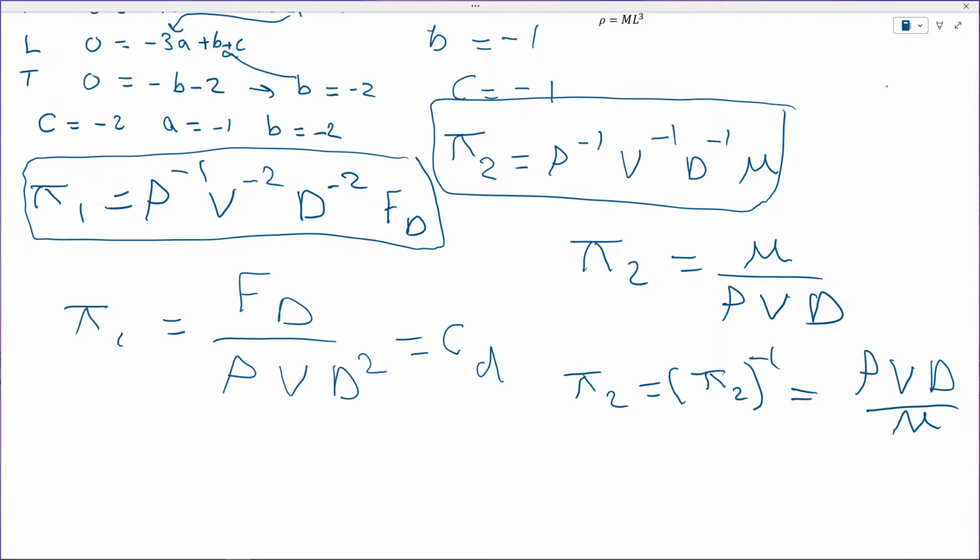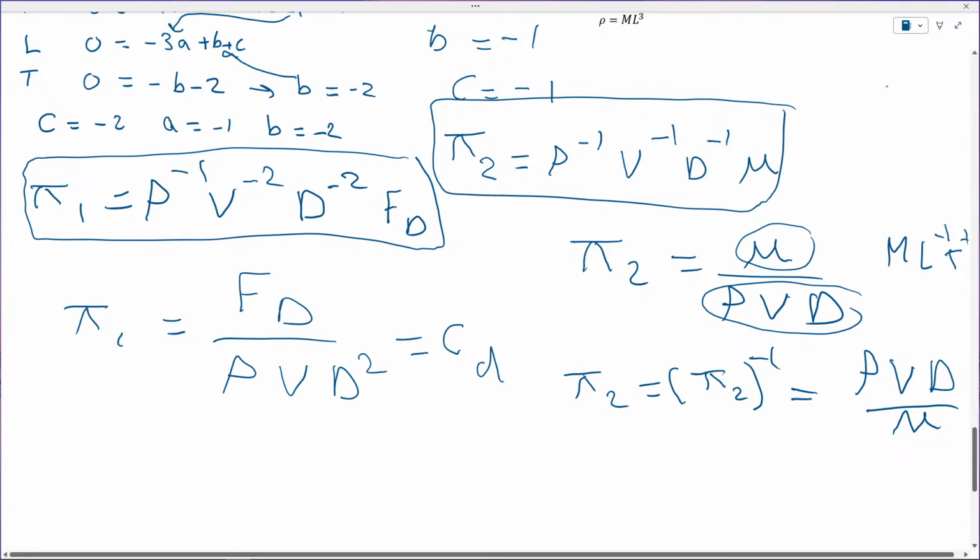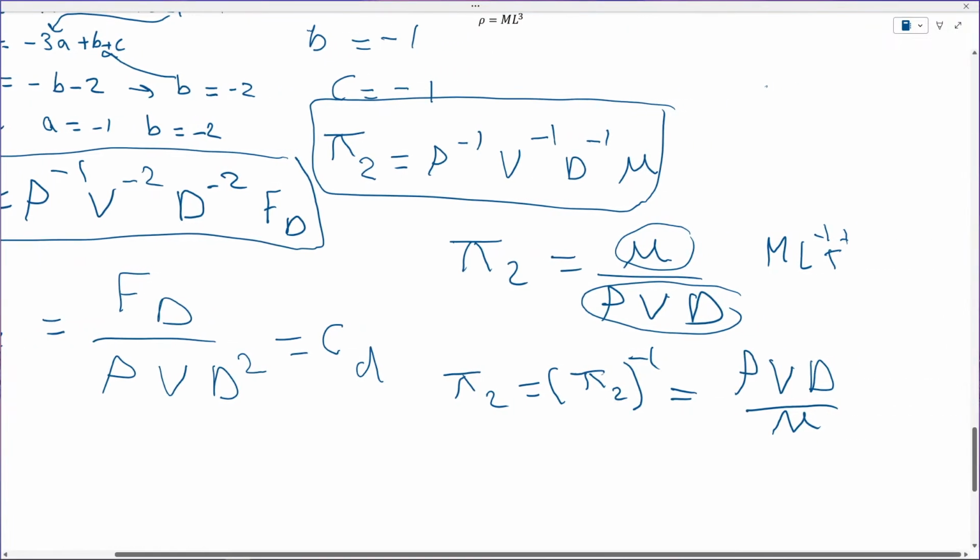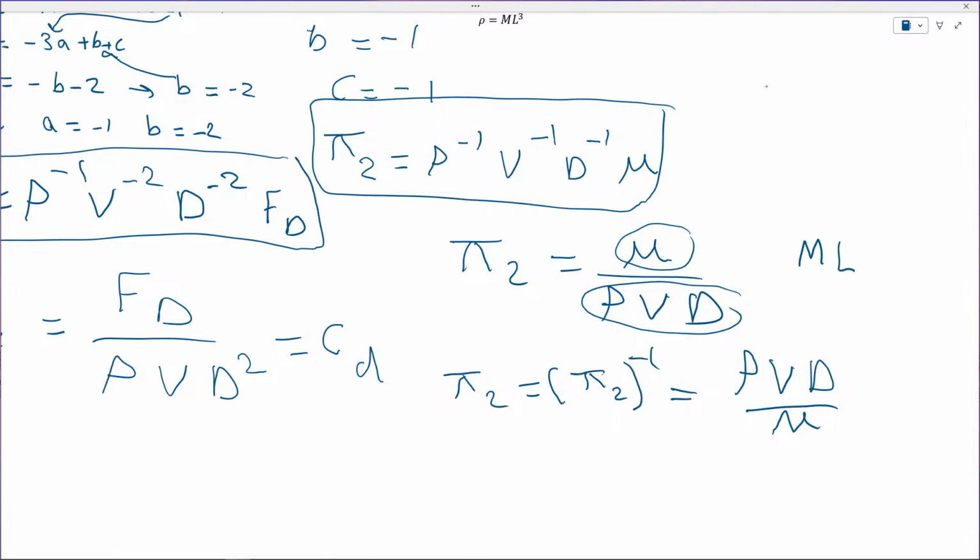Is this the same? Yes, it is the same, because remember, this is dimensionless. The dimension of viscosity is M L^-1 T^-1, and the dimension of the other term is also M L^-1 T^-1.